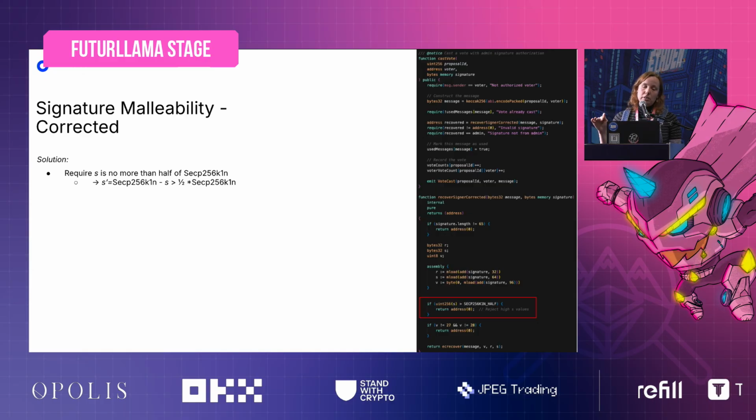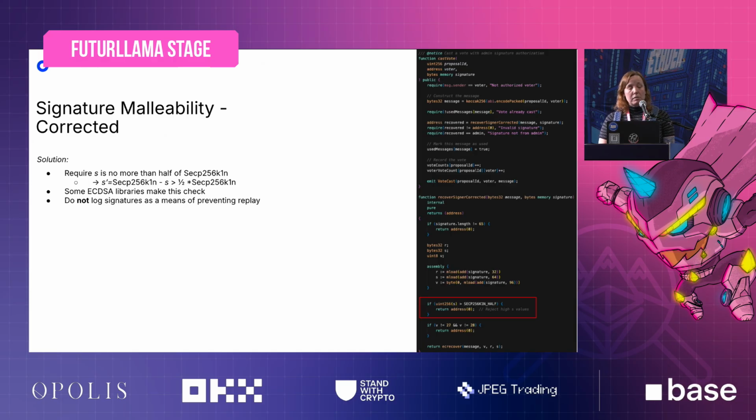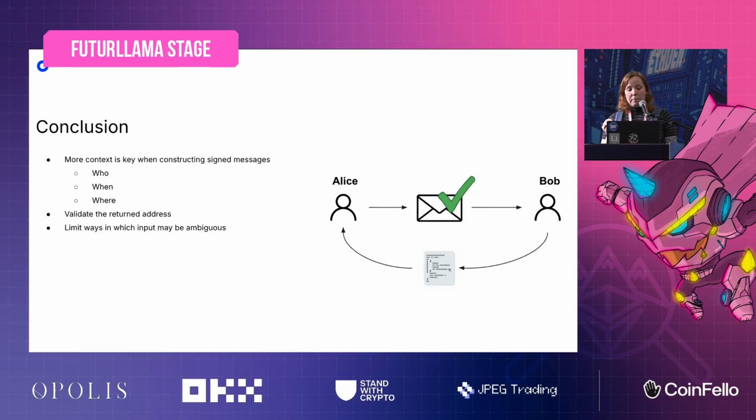So you'll only have one of those that will pass the check, meaning that only one of those will be the predetermined signature that's allowed. A lot of ECDSA libraries make this check, but you should always check to make sure that it's there, and if not, you need to add it in. And another lesson learned from this is to not log signatures as a prevention for replay.